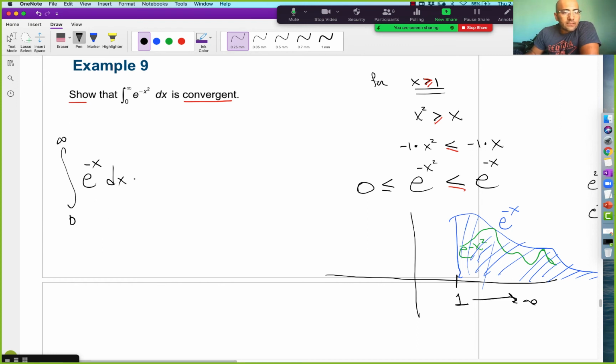So I'm going to break this up into two pieces and say that this is the same thing as the integral from 0 to 1 of e to the minus x dx plus the integral from 1 to infinity of e to the minus x dx. That's really what I needed. So actually I didn't really need the 0 to infinity, I just really needed this.